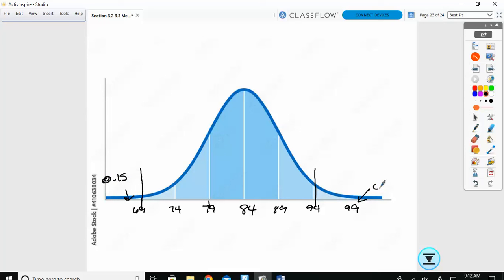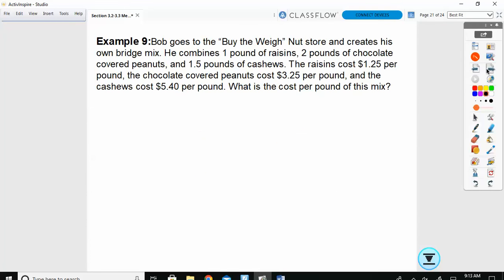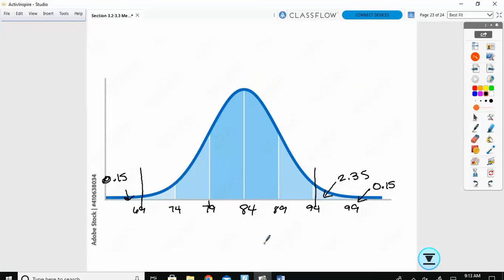And this was, and this was, so if you add all those up, that adds up to 2.65.